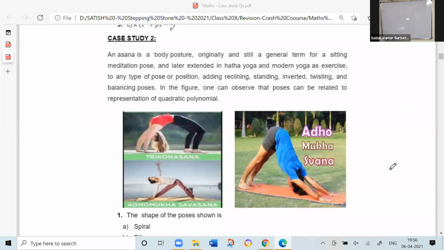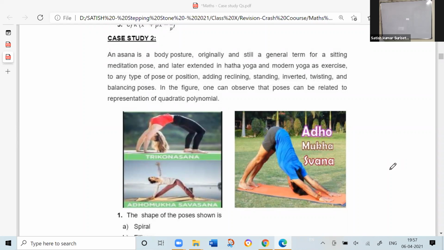Now, the second case study. An asana is a body posture originally and still a general term for a sitting meditation pose and later extended in Hatha Yoga and modern yoga as exercise to any type of pose or position, including reclining, standing, inverted, twisting, and balancing poses.